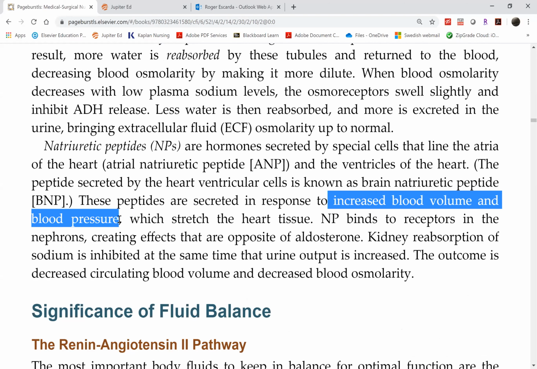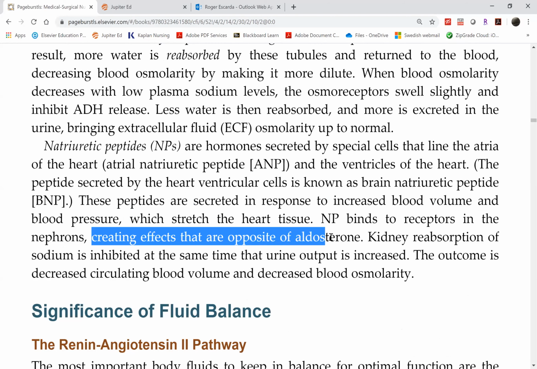So if that happens and the heart tissues are stretched, it will cause an automatic release of both ANP and BNP. So what do these two hormones do? They have effects opposite of aldosterone. So if aldosterone causes sodium and water retention, and BNP does the opposite, what do you have as a result?